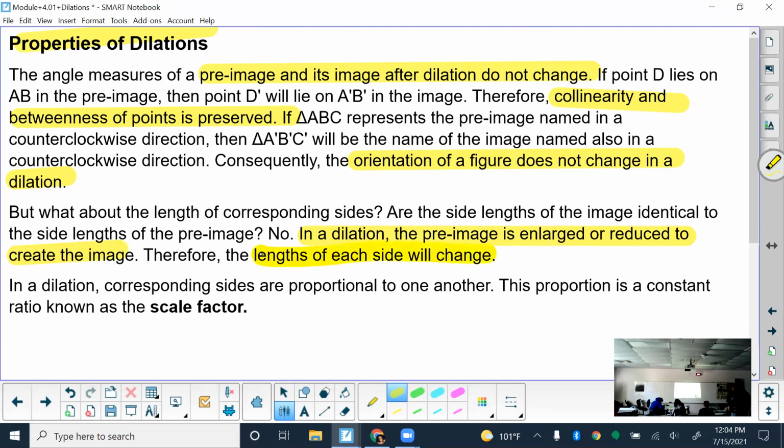Therefore, the lengths of each side will change. However, the corresponding sides are proportional to one another. So that's the ratio that we set up in the last slide, where they all equal the same thing. That's our scale factor. All right, questions?